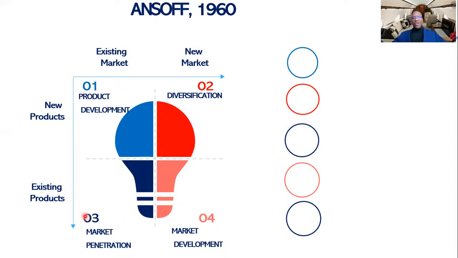So we just want to broaden their market cap or market size in existing. We're not changing anything, but we want to get deeper into the existing market. And the last strategy is market development, where we're taking existing products and we take them to new markets.